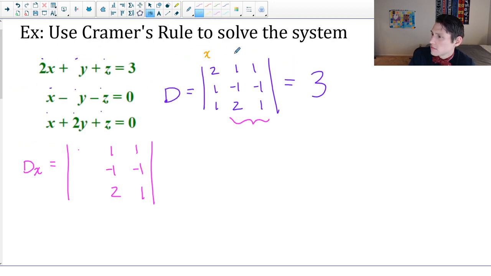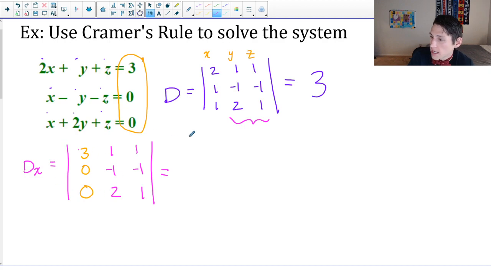Because in these matrices, if I look at the equations, this is the x column, 2, 1, 1, 2, 1, 1. So I'm going to replace that with the stuff that is on the right side of the equation. So 3, 0, 0. I'm going to replace that. All right, so that's what we mean when we say this dx.